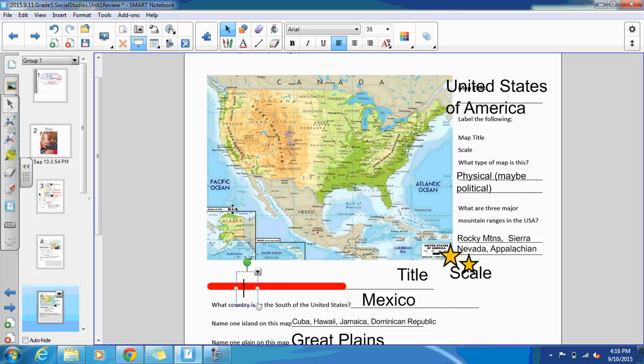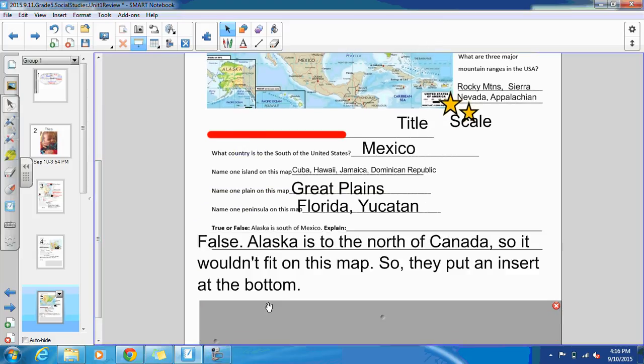It's not really there. It's really far north, but it wouldn't fit otherwise. Same thing with Hawaii. Hawaii is much farther west and south than right here. Alaska is north of Canada, so it wouldn't fit on this map. So they put an insert at the bottom.